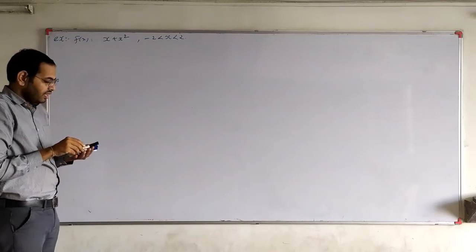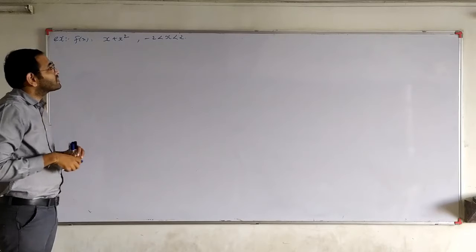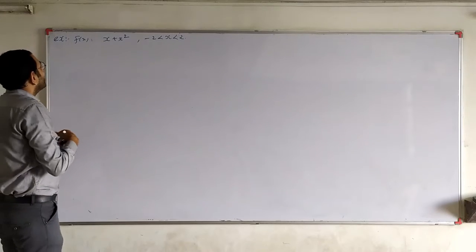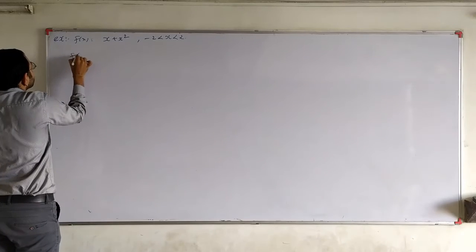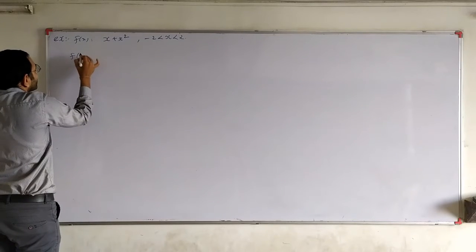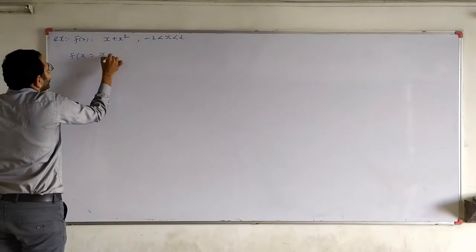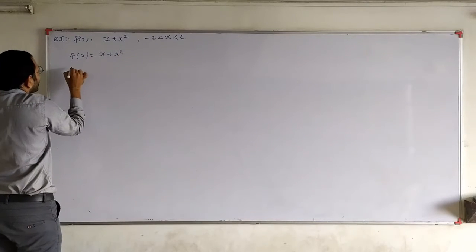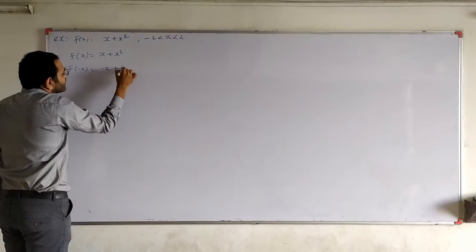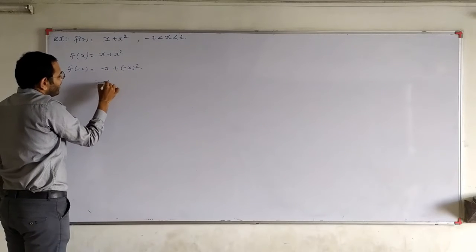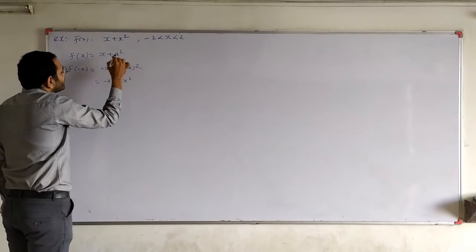First of all, here the interval is symmetric, then we have to check whether the given function is even or not. Then f of x equal to x plus x square. Replace x with minus x: minus x plus minus x whole square, that is minus x plus x square.